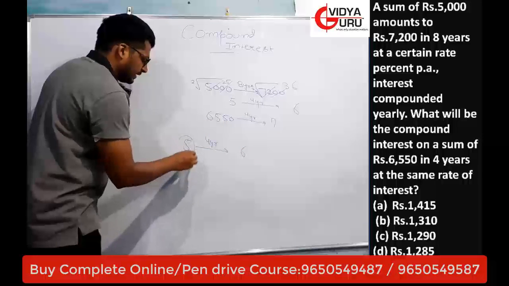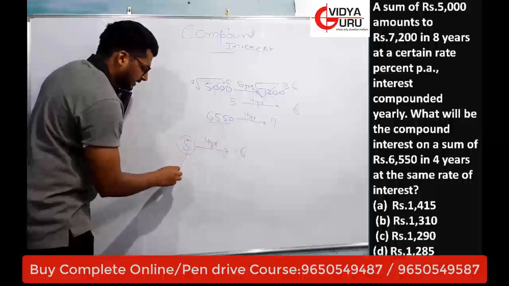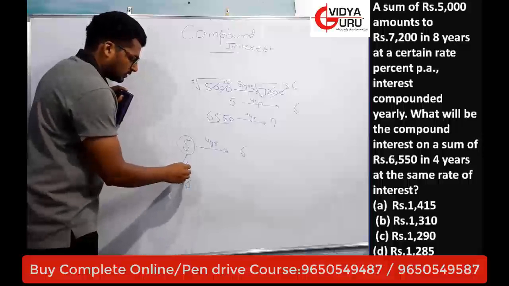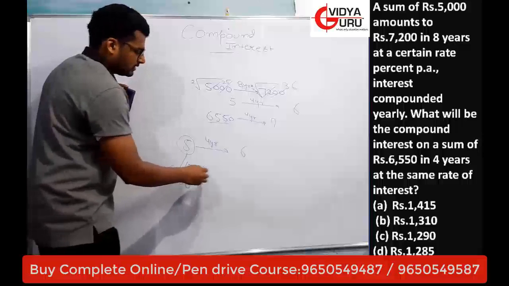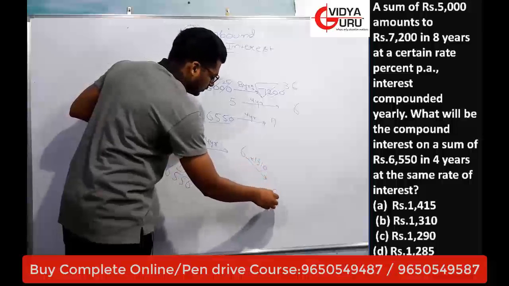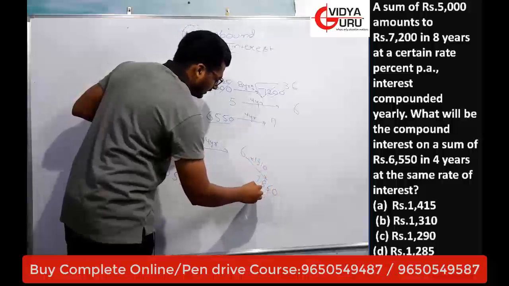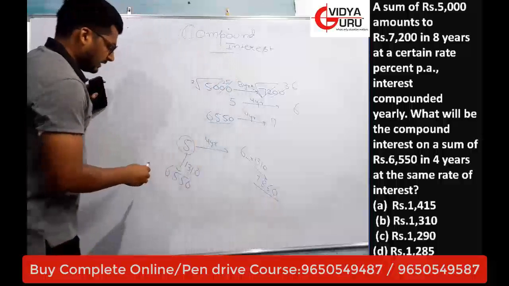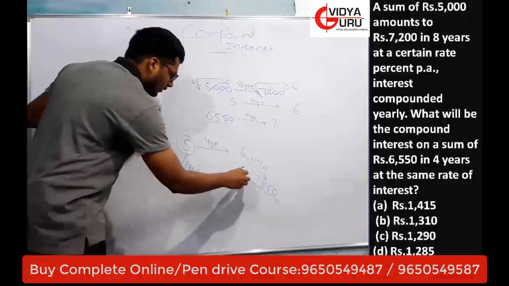The question is saying principal is not 5 but 6,550, which is 1310 times 5, then it will also become 1310 times 6, which is 7860. Question is, what is the interest? That means this is principal, this is amount.